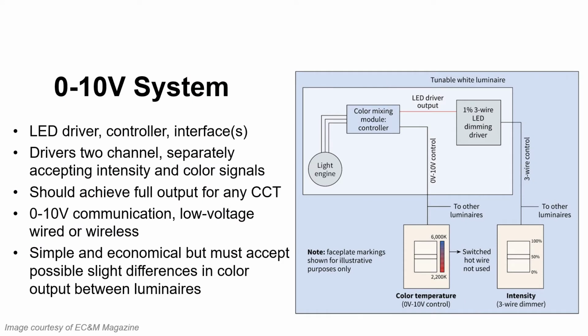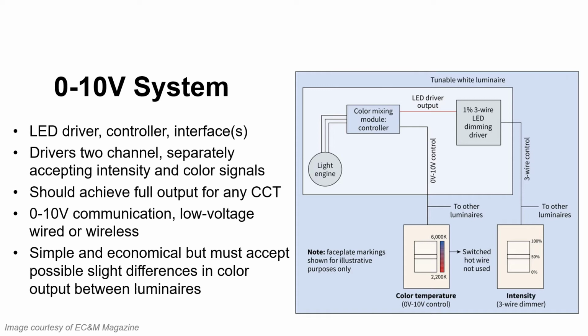The simplest approach to tunable white lighting is a locally implemented solution with a manual control implemented using a familiar and relatively low-cost dimming method. In this system, an LED driver operates with a color controller and 2 inputs, one for intensity or light level, and the other for color. The components communicate using 0-10 volt signals that are transmitted either using low voltage control wiring or wirelessly.